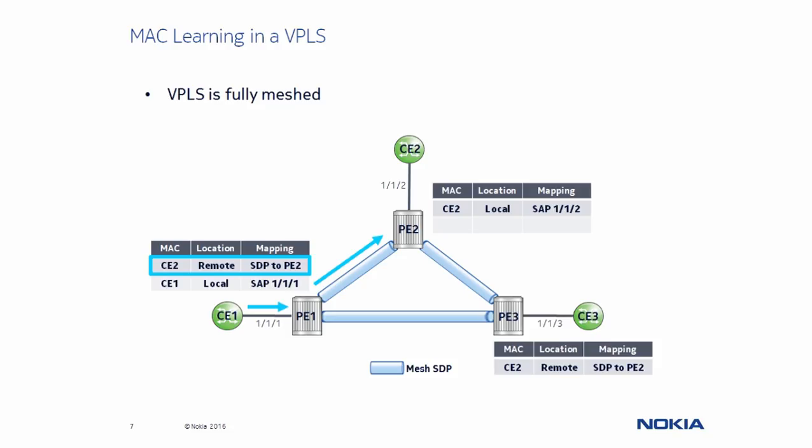PE2 then learns the location of CE1 from the source address in the frame and updates its FDB. Also, because PE2 has the MAC address for the destination CE2, the frame is transmitted out the local SAP.